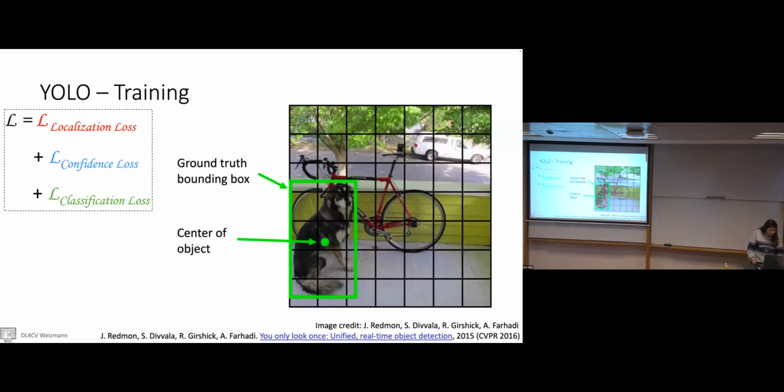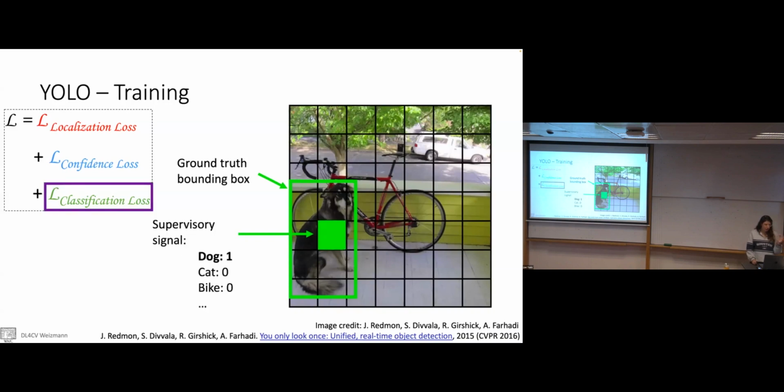First of all, we look at the center of the object and detect the specific cell that this center lies in. For that cell only, we use the classification loss, and we supervise it with a cross-entropy loss of having a dog compared to the output of the network.